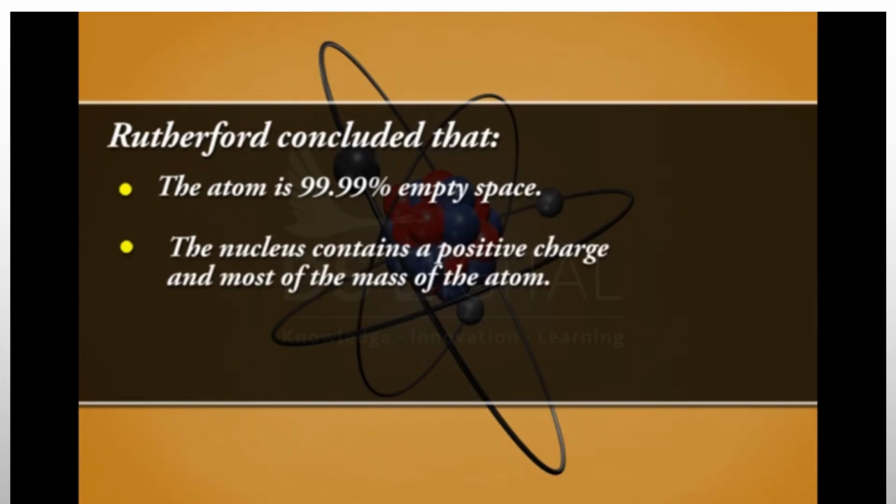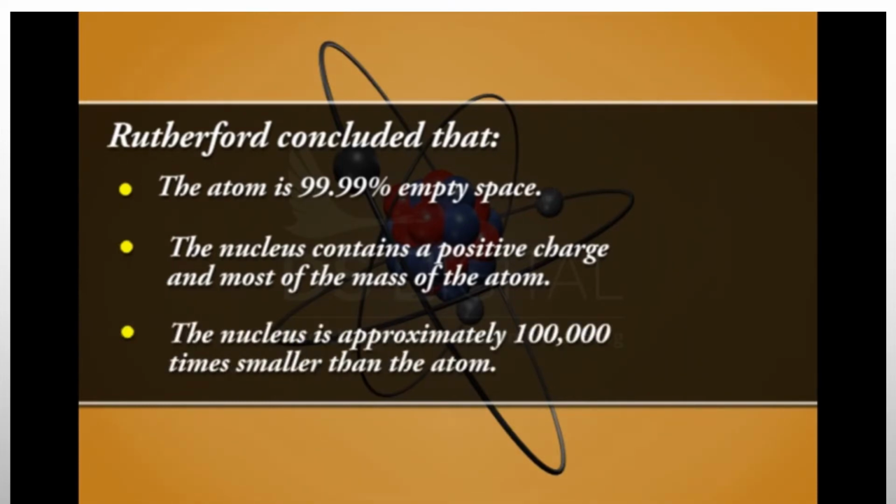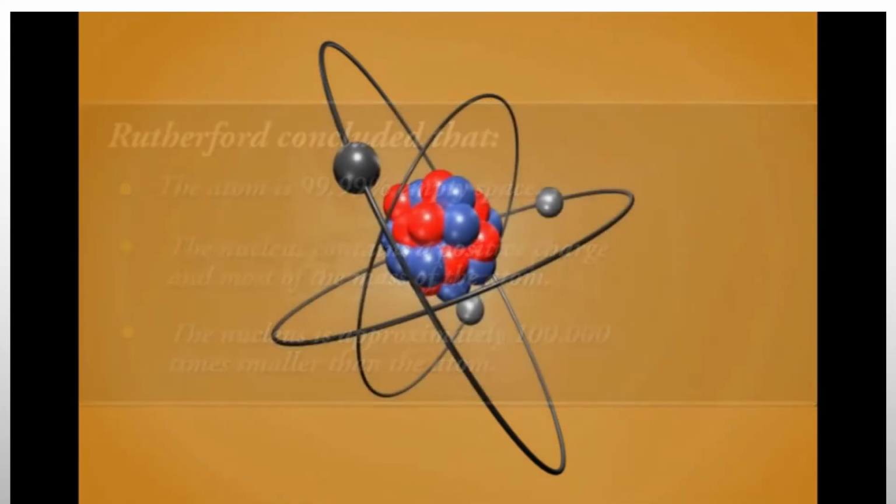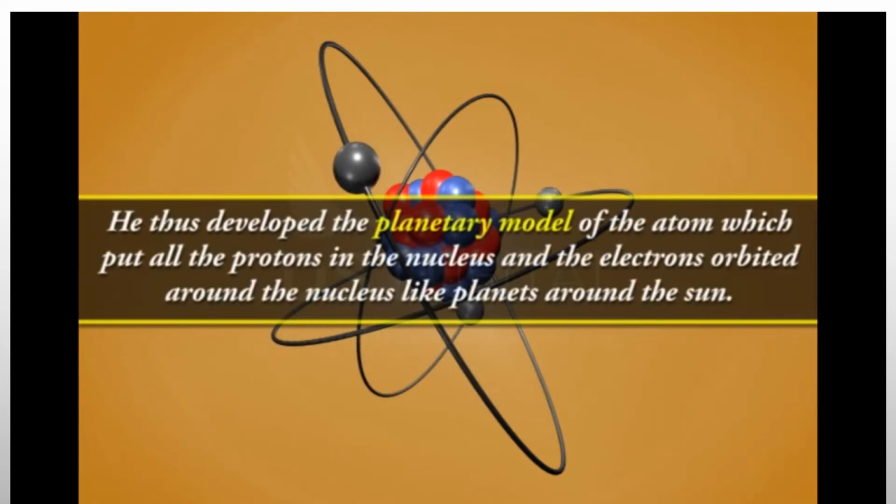The nucleus contains a positive charge and most of the mass of the atom. The nucleus is approximately 1 lakh times smaller than the atom. He thus developed the planetary model of the atom, which put all the protons in the nucleus, and the electrons orbited around the nucleus like planets around the sun.